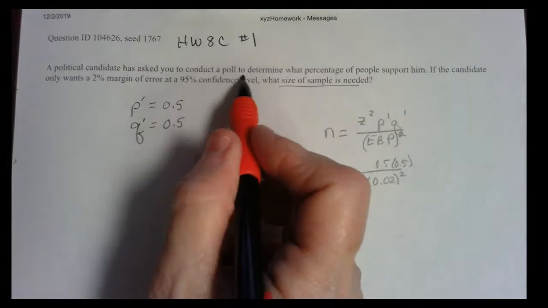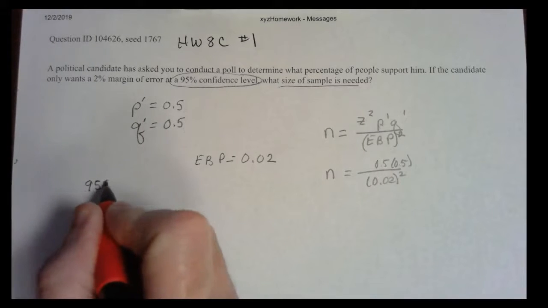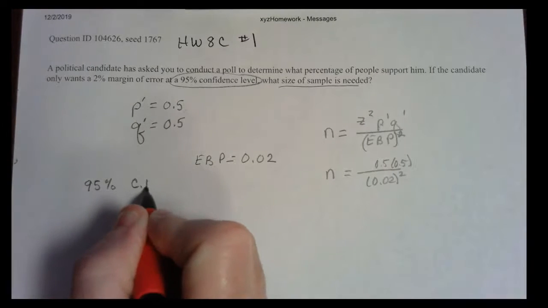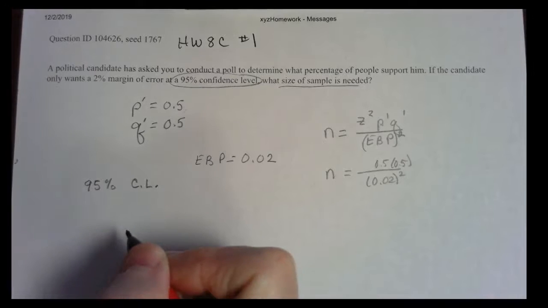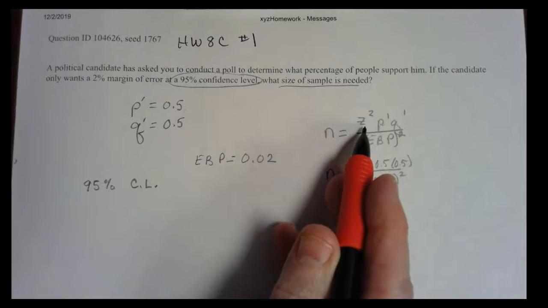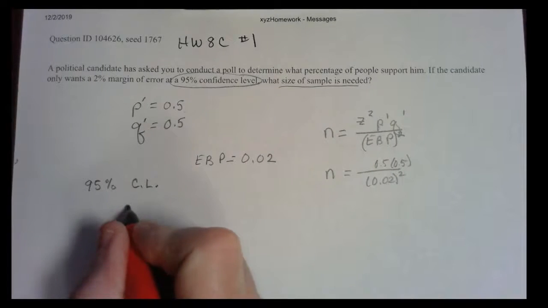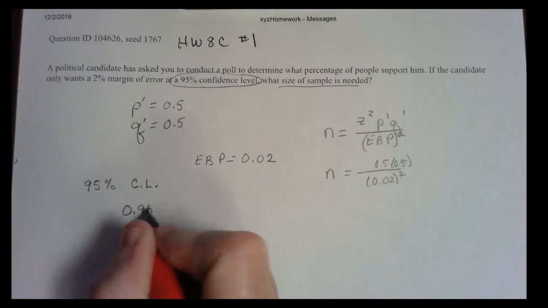Well, we can figure it out because we know our confidence level. We have a 95% confidence level. So remember, our Z is from a standard normal distribution. So that tells me quite a bit. I want to find out what Z will give me a 0.95 area.